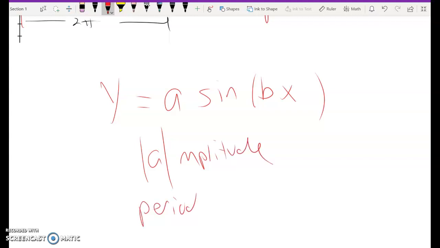So the period will be 2 pi, the regular sine length of time it takes to repeat itself, over whatever B is. Okay? So really what happens is that the A stretches it or compresses it vertically, and the B term stretches or compresses horizontally.